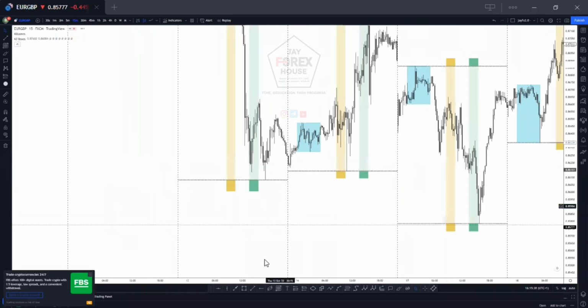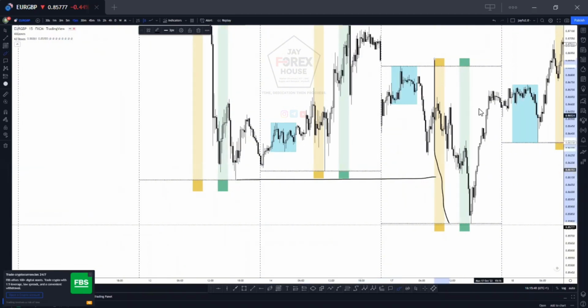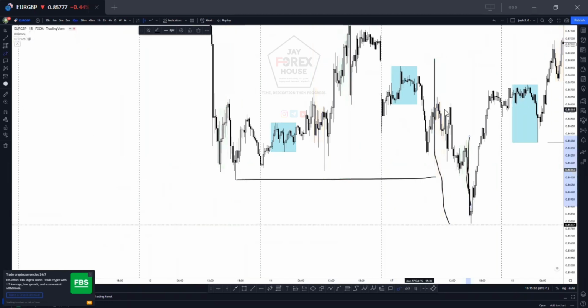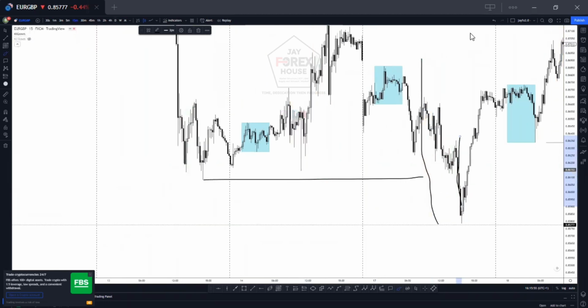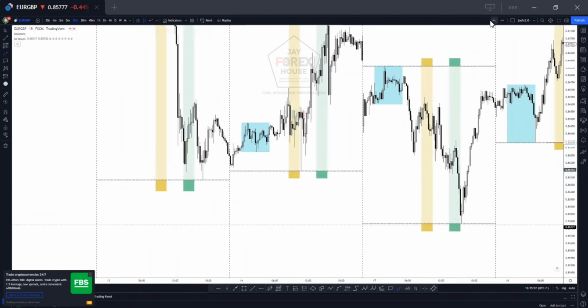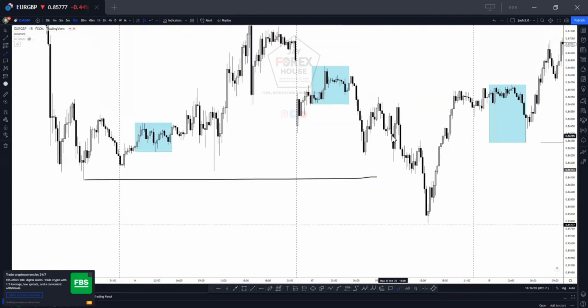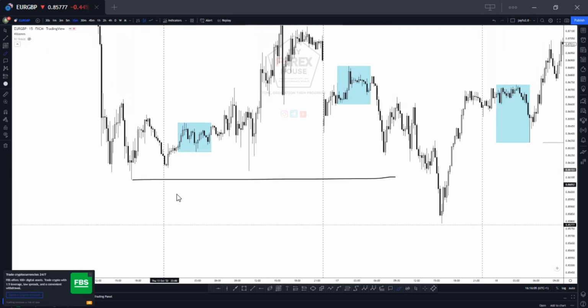On the previous day, what do we see? We had a break of structure here. This is kill zone, New York close. Let me take that out. At this particular point, let's say I was planning to take a trade to take out this low.